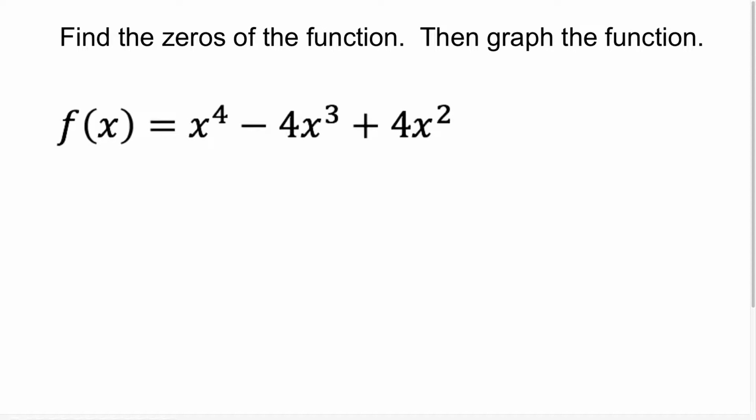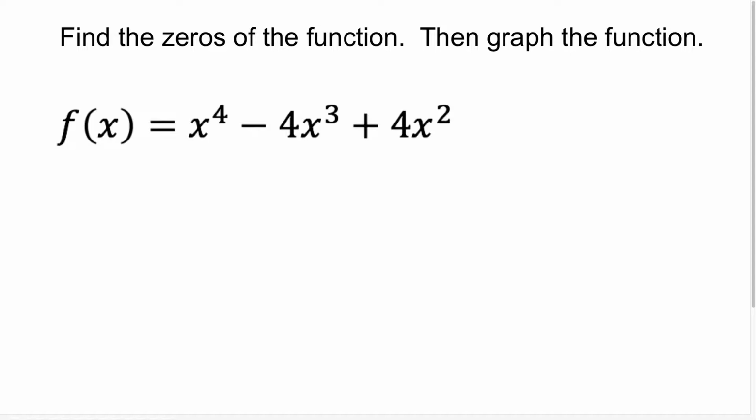We're going to graph f of x equals x to the 4th minus 4x cubed plus 4x squared. And what I'm going to change about today, because we know more about polynomials now, is that rather than making that table, x, y, and filling in all the points, let me solve the polynomial, find the zeros, which will be x-intercepts, plot them, maybe look at my y-intercept real fast, because that's easy, that's my constant, plot the y-intercept, so I'll have a sampling of points, and then check my end behavior and draw my graph.